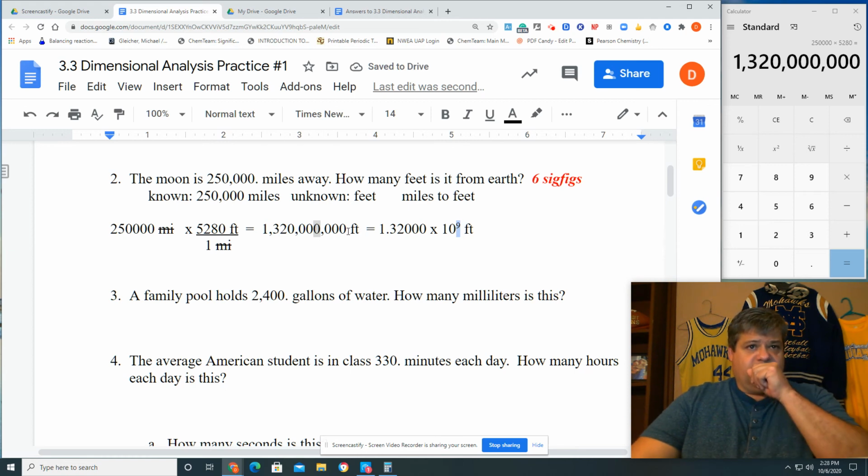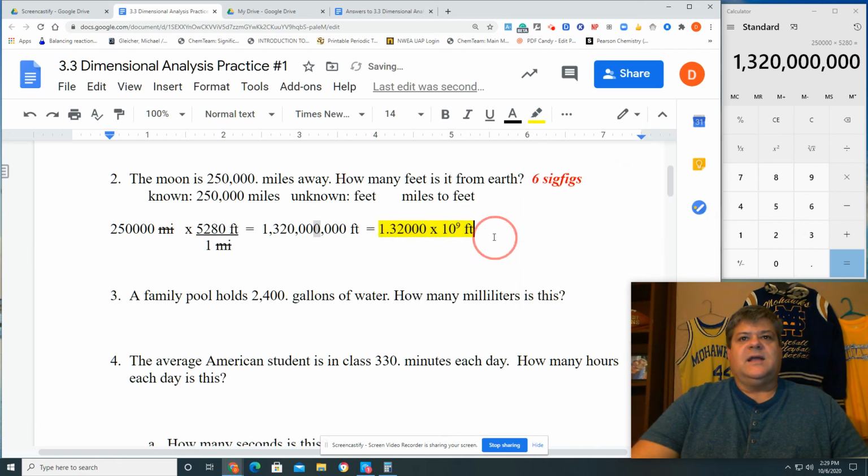We moved the decimal from here to there, so we went over 1, 2, 3, 4, 5, 6, 7, 8, 9. That's where the decimal's at. So there's our answer in 6 significant figures, and the way I can make sure is 1, 2, 3, 4, 5, 6. One thing we want to do is highlight that in yellow. You could highlight in green too. That would work. So there we go, there's your answer for question number 2.